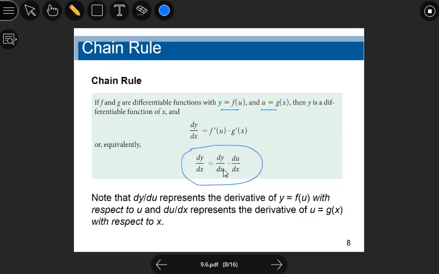Here you can see this du and this du, and also dy, and this is dx. So this is connected as a chain. First you need to find the derivative of y with respect to u, then multiply by the derivative of u with respect to x. That is why we call this the chain rule.